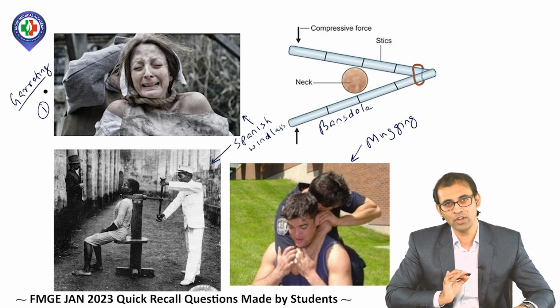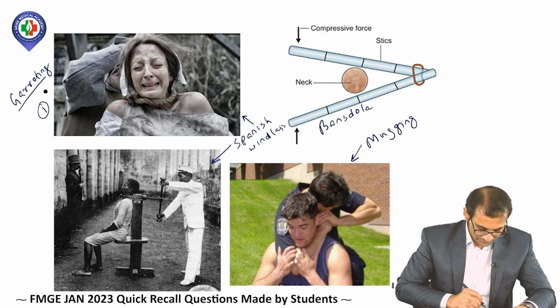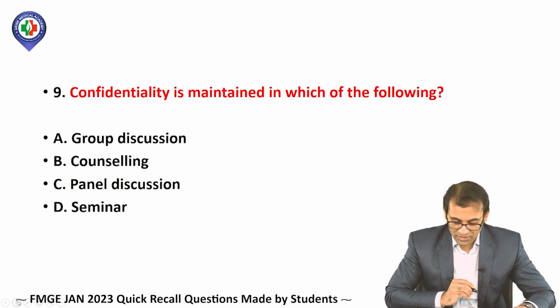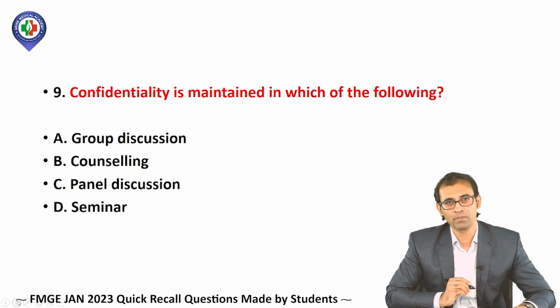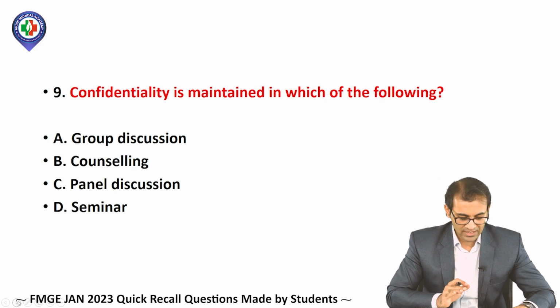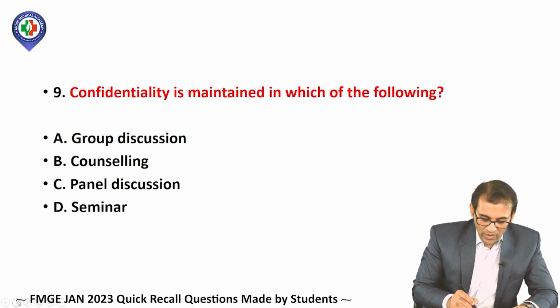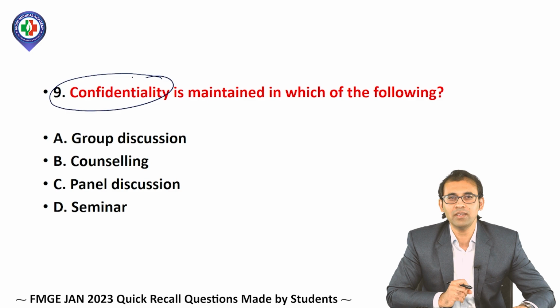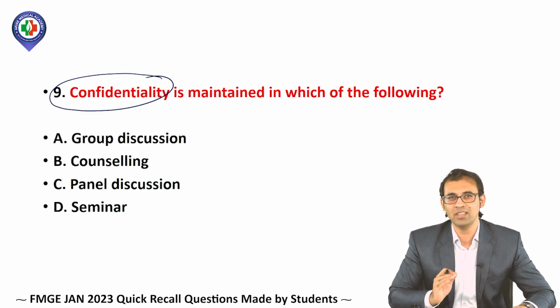I hope all these points are clear to all of you. Next question. Confidentiality is maintained in which of the following? See, when I talk about confidentiality, I should understand that this is a type of professional secrecy, in which you maintain the secrets of the patient.